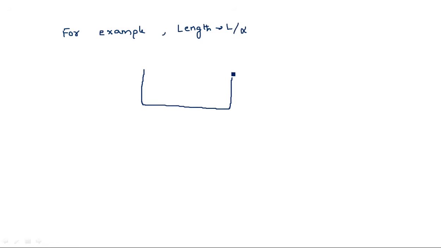What do you mean by length? If you take the transistor diagram, length refers to the distance between source and drain. This is the source terminal and this is the drain terminal. What is the purpose of this distance? That is the distance where the electron can move from source to drain, so that the current will be produced from drain to source.